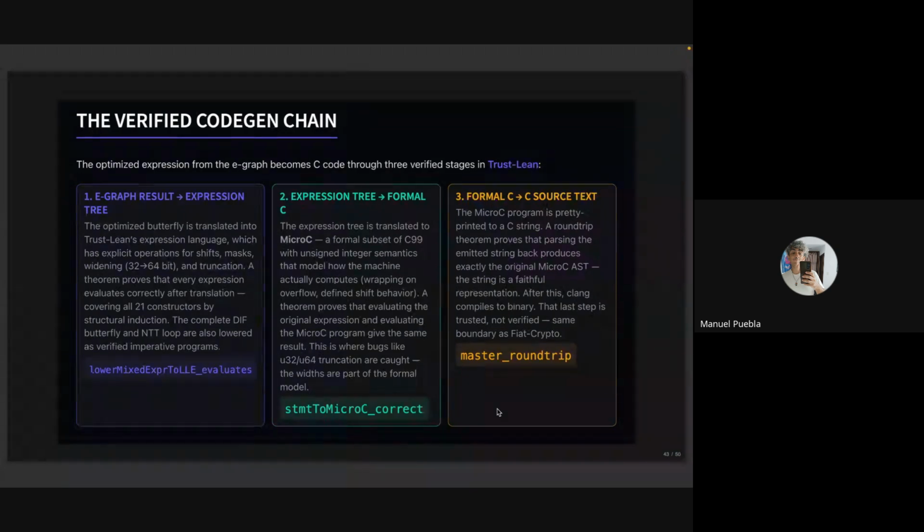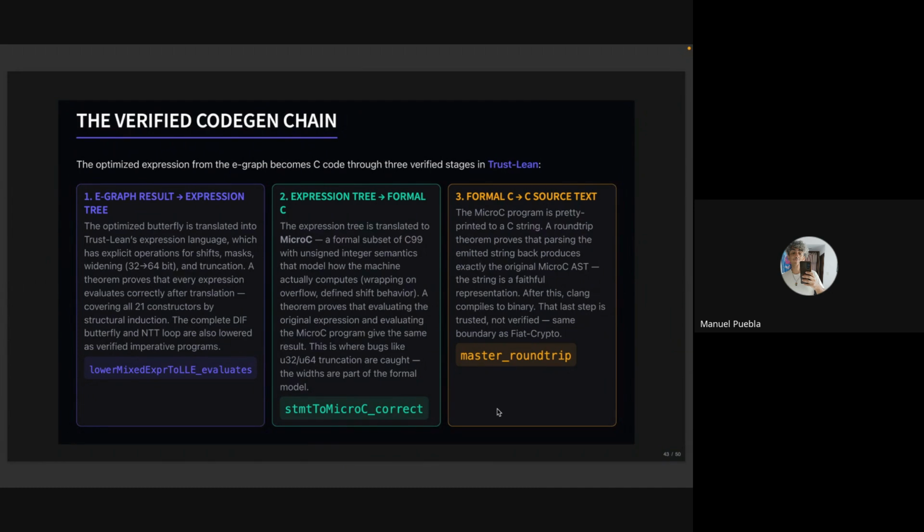Then we have the second pipe from the expression tree to formal C. We have this micro C version that is a subset of C99 that deals explicitly with numbers. We are not going to target general C code. We're only interested in the code that the eGraph from AMO-Lean produces.